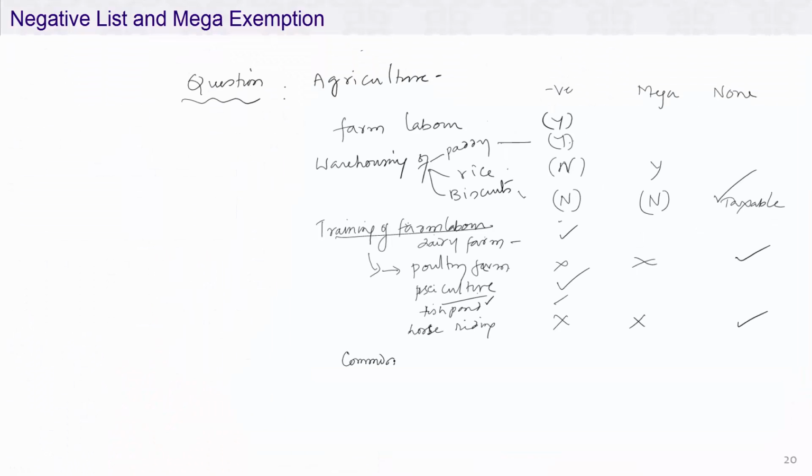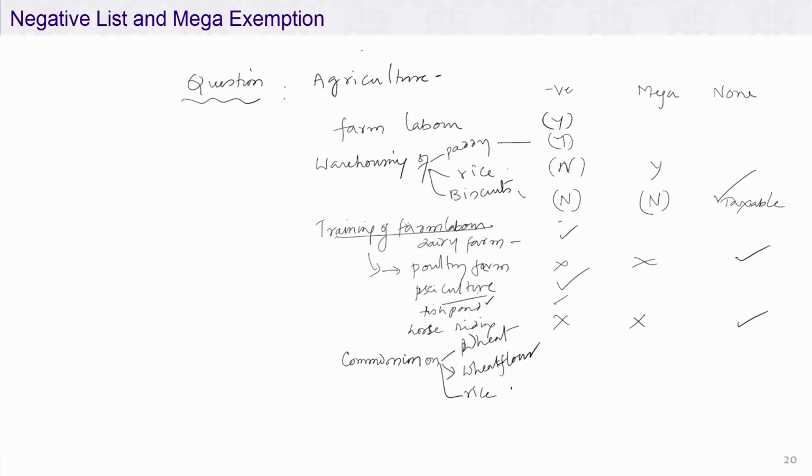Commission earned on commission. This is also very important. Commission to some commission agent you appointed on sale of paddy or say gehu, what we can say, wheat, and wheat flour, say atta, suji, and also rice.